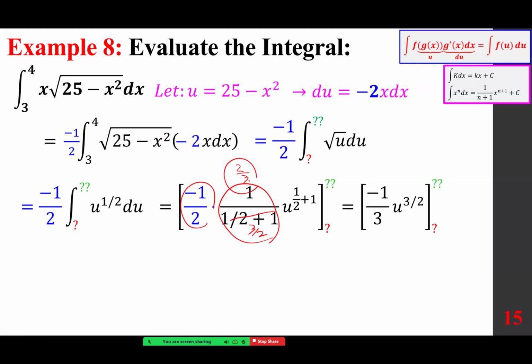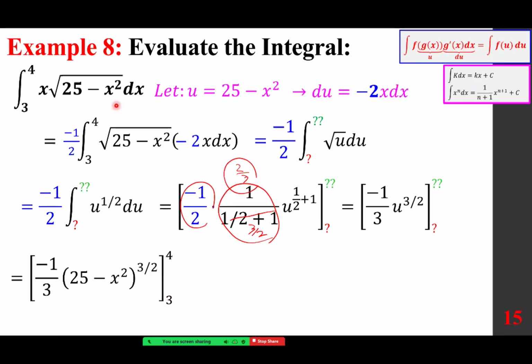So we can go back to the original function and we say we are interested in evaluating this expression minus 1/3 times u, which is going to be 25 minus x squared to the power of 3/2 from 3 to 4. Original limits, we can do that. Or we're going to put the 3 into this, which makes it 9. 25 minus 9, the lower limit is 16.